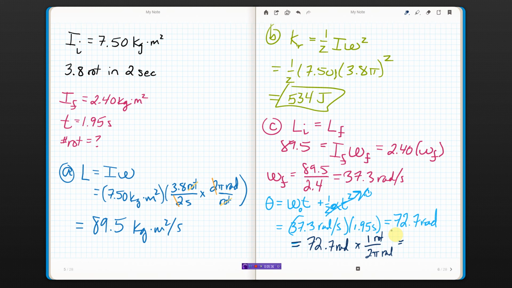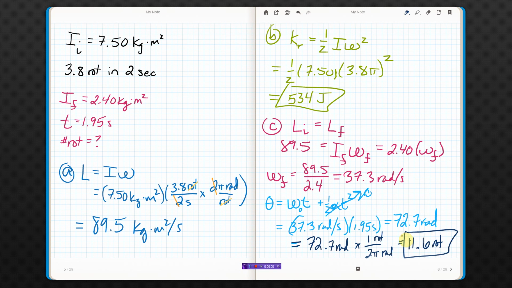Be very careful when you're dividing by 2 pi that you divide by the quantity 2 pi, don't just hit divide, then the 2 button, then the pi button, because that would divide by 2 and then multiply by pi. So don't do that. Anyway, I get 11.6 rotations in the end.